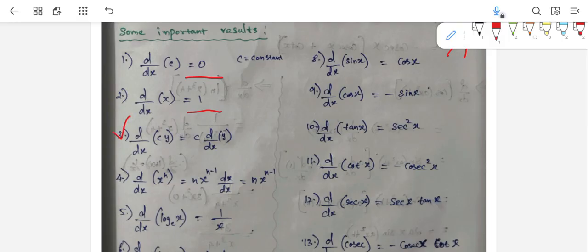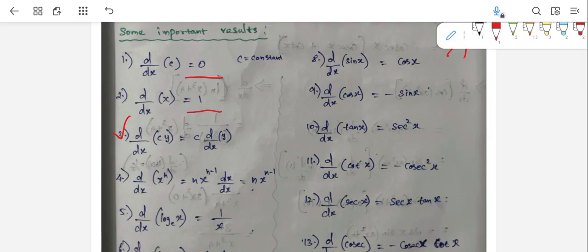Here you should not get confused. Now, what happens instead of just y, you have cy, meaning some number multiplied with y. At that time, how will you do it? The first formula itself said d by dx of any constant is 0.